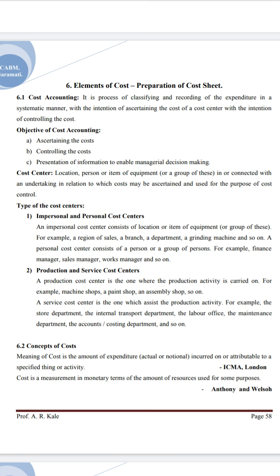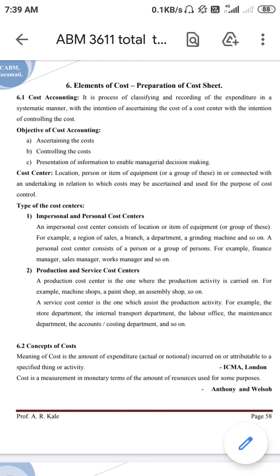Okay. First is cost accounting. So what is meant by cost accounting? It is the process of classifying and recording of the expenditure in a systematic manner with the intention of ascertaining the cost of cost centers with the intention of controlling the cost.